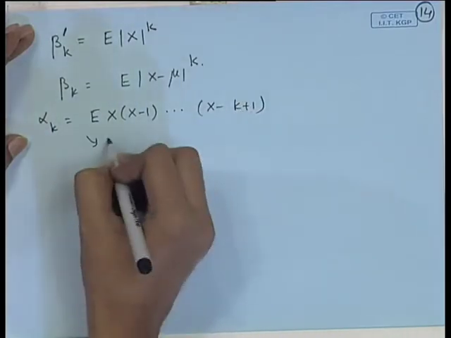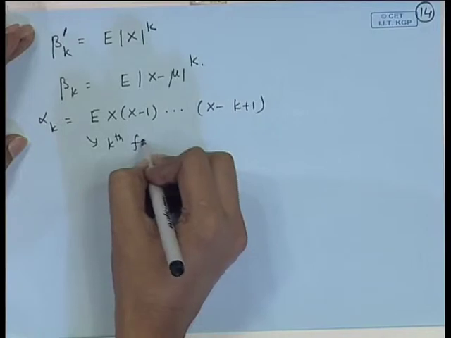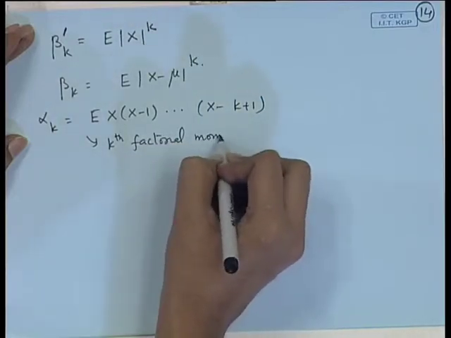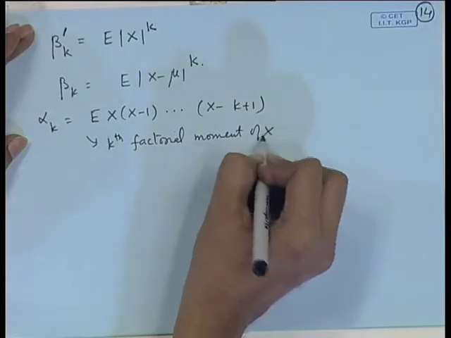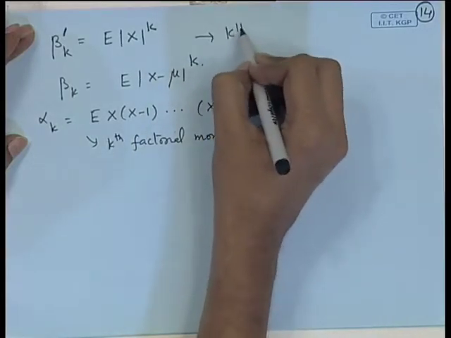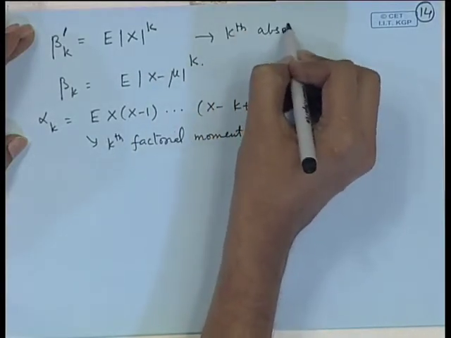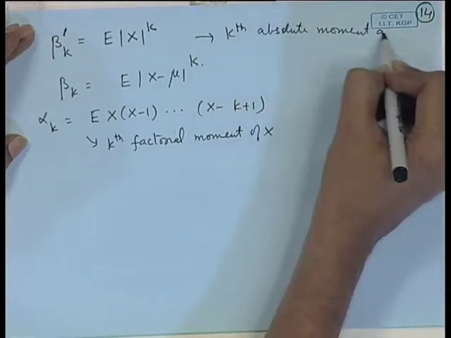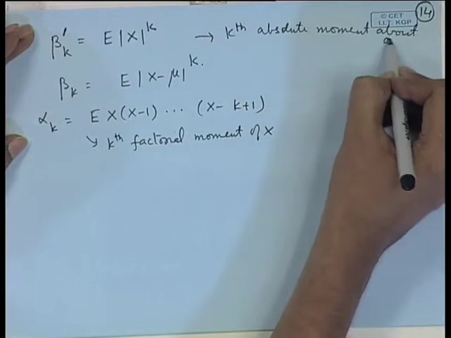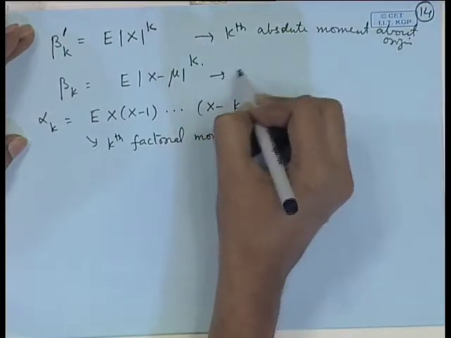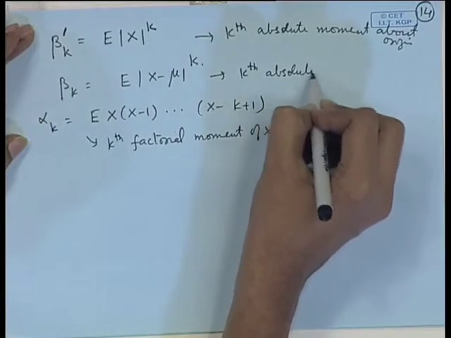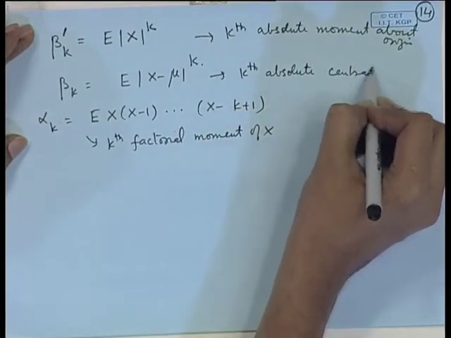This is called kth factorial moment of x. This is kth absolute moment about origin, and this is kth absolute central moment.